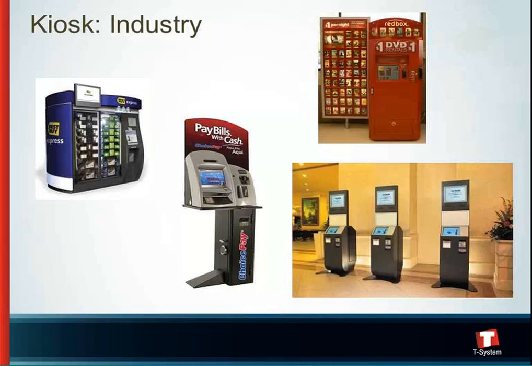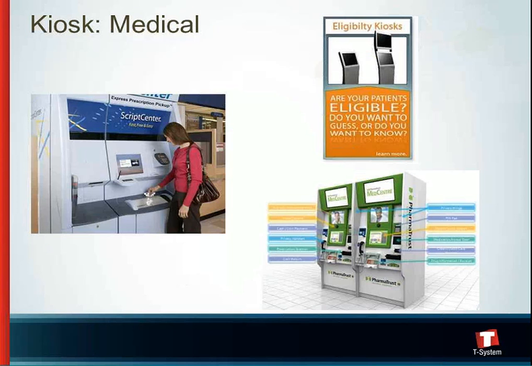Similar to what we talked about with Kansas City, you're seeing bill pay kiosks begin to be adopted across the country. And in the lower right of this slide, a lot of hotels now are using kiosks to check in and actually get your card so you can go directly to your room, and using the same kiosk in many cases to check out.